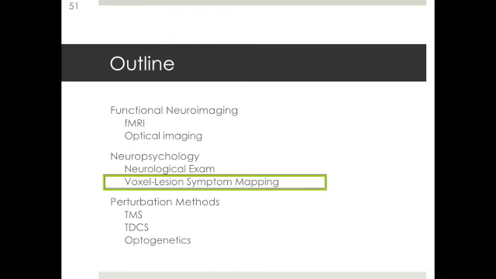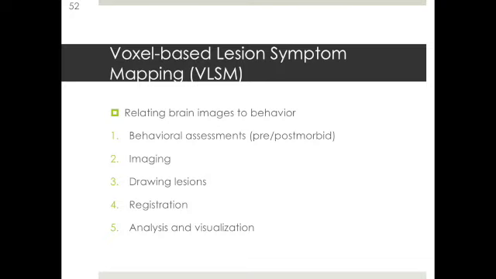And so more modern techniques of neuropsychology are using what's called voxel lesion symptom mapping, or VLSM method. Now, the VLSM method is a more systematic way to relate brain images to behavior. This is done using a combination of behavioral assessments, ideally before and after brain damage, but usually just before, because it's hard to know when the brain damage might occur in the future, along with imaging.